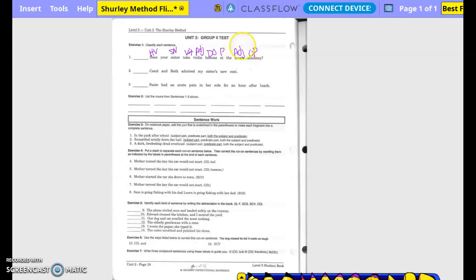Adjective. The? Whose sister? What kind of adjective? Possessive pronoun adjective. Pattern: subject, noun, verb, transitive, direct object, pattern to check.